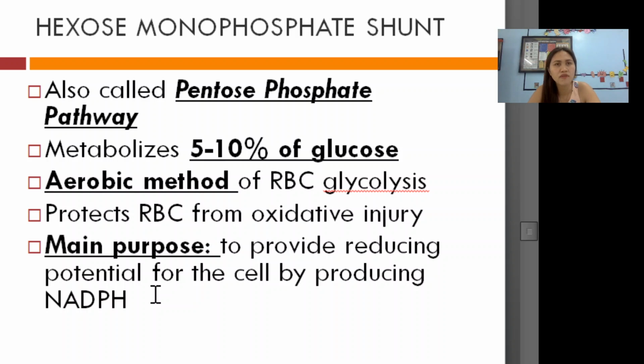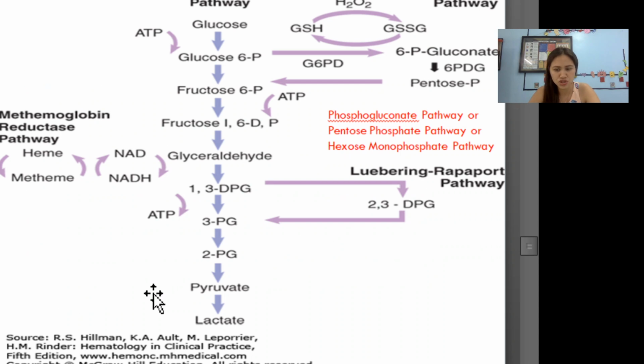It protects your RBC from oxidative injury because it generates glutathione, and its main purpose is to provide reducing potential for the cell by producing NADPH. So in this part here, this is your phosphogluconate pathway. Pwede mo siya tawagon phosphogluconate pathway, pentose phosphate pathway, or hexose monophosphate pathway.